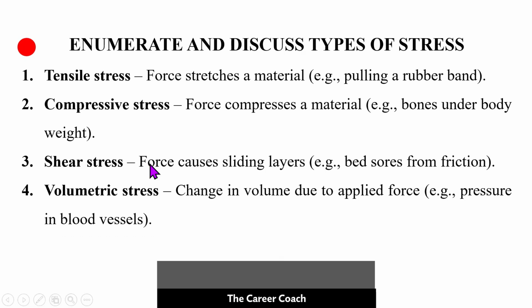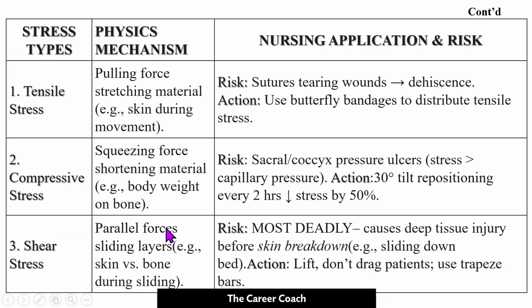Shear stress occurs when force causes a sliding of layers. Example, bed sores from friction. Volumetric stress occurs when a change in volume due to applied force causes stress. Example is pressure in blood vessels.